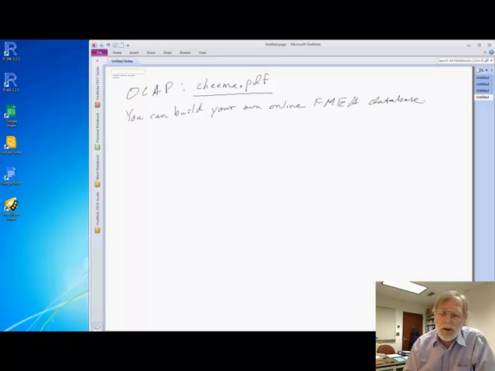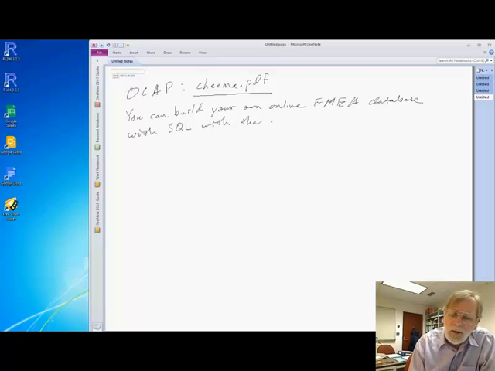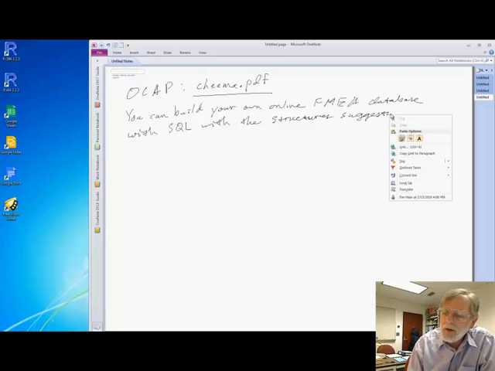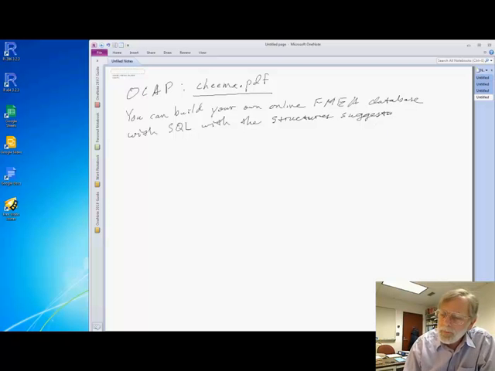So anybody who knows anything about SQL, I call it SQL, with the structures suggested in actually now a pretty old paper, which is also on my G drive, by a guy named Kukul.